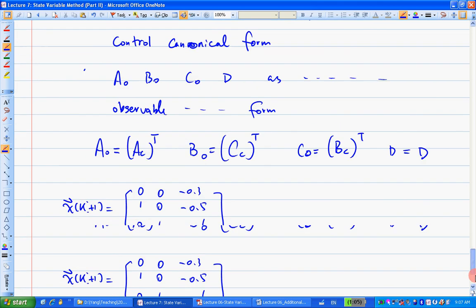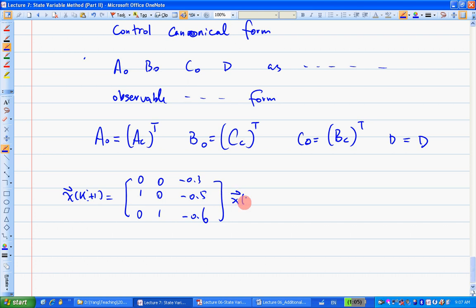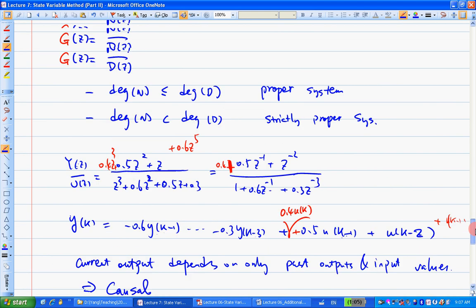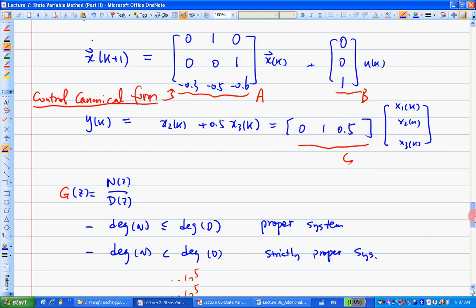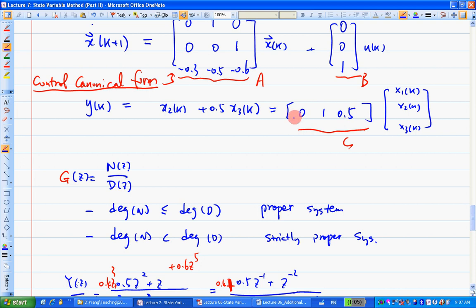And plus BO. BO is a transpose of CC. CC here is this, right? Transpose this becomes 0, 1, 0.5.